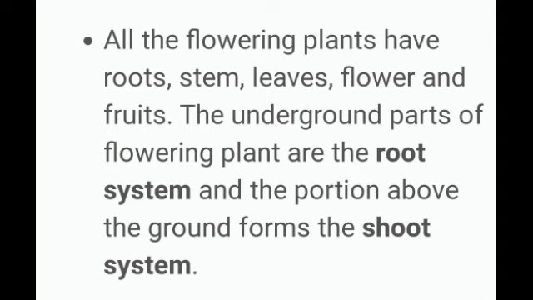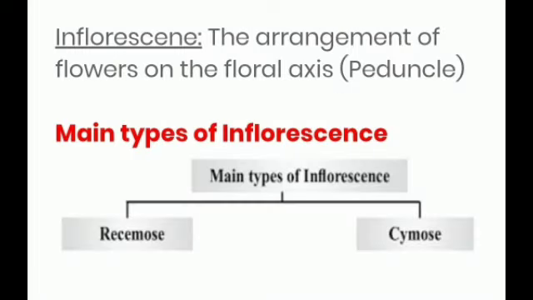So, now we are going to discuss different parts and their morphology. Now let us start one by one. The arrangement of flowers on the floral axis is known as inflorescence. Basically, inflorescence is of two types depending on whether the apex gets transformed into a flower or grows indefinitely. Okay, so it is cymose and racemose.